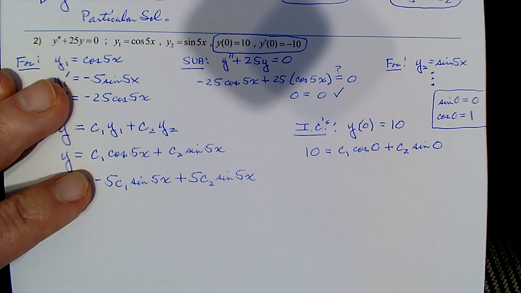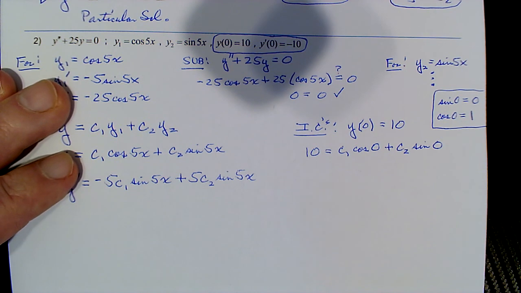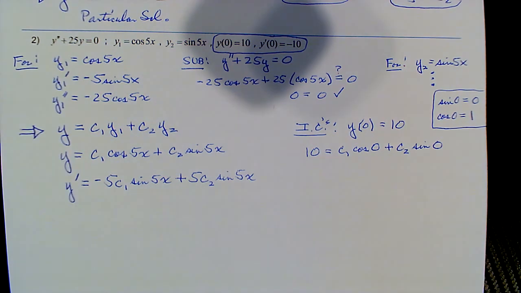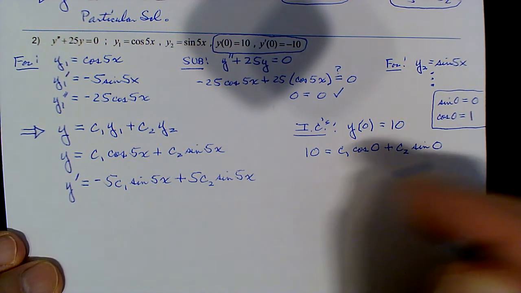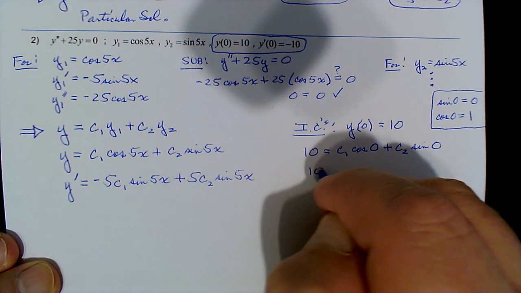And that's what makes evaluating things that involve these trigonometric functions a little bit easier, because at the initial condition of 0, sine in particular is always going to go to 0. And the cosine of 0 is 1, so therefore we immediately get that 10 is C1.